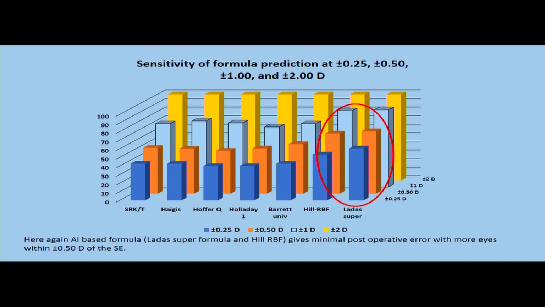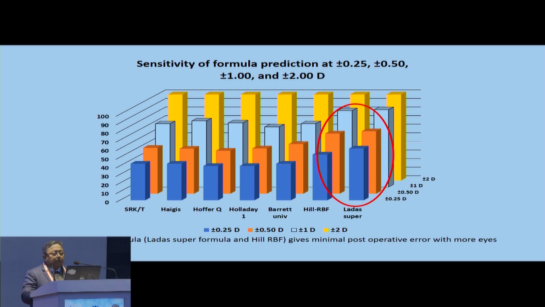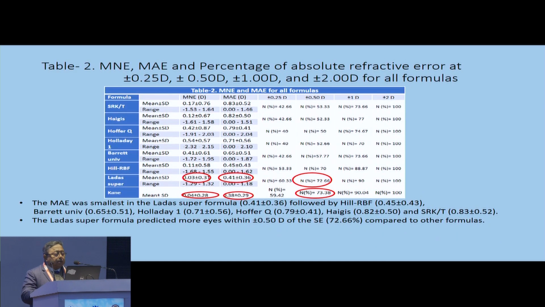This slide shows the sensitivity of the formula prediction at different powers, that is 0.25, 0.5, 1, and 2 diopters. Here again, the artificial intelligence based formula gives the minimum post-operative error with more eyes within 0.5 and 1 diopter of spherical equivalent. The same thing is shown in this slide in our data.